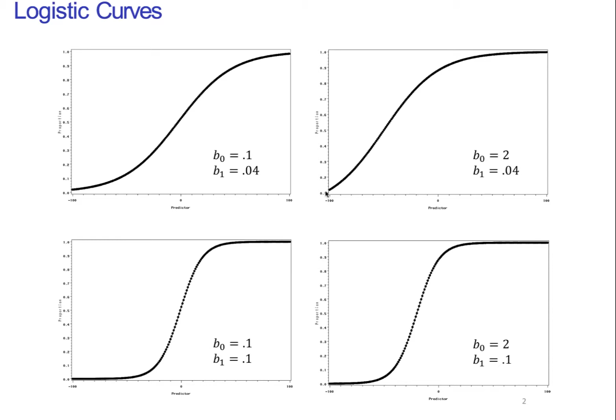So you can see the starting point of the function is a little bit different. Now, if the value of the slope is different, which is the b1, if you remember, the unit change in the rise in comparison to the unit change of the run, if it was bigger, you can see how the slope is going.